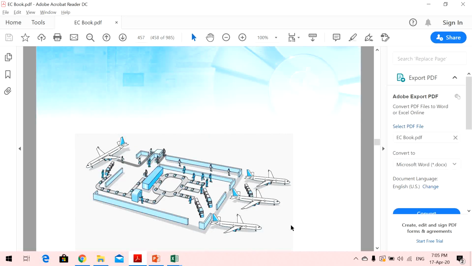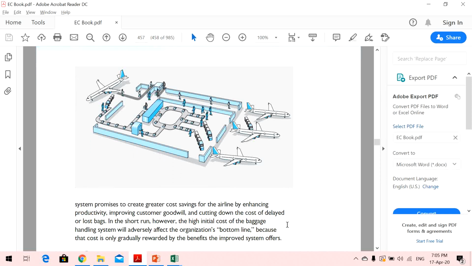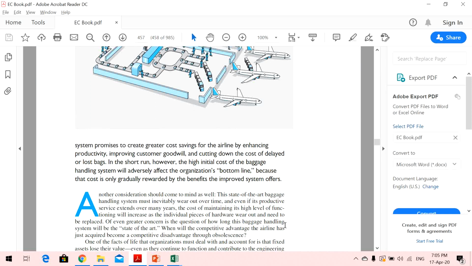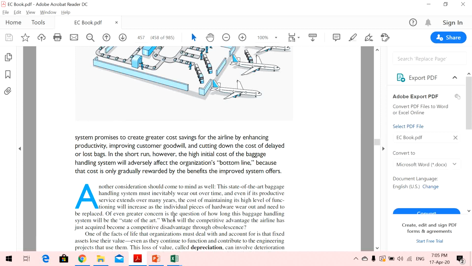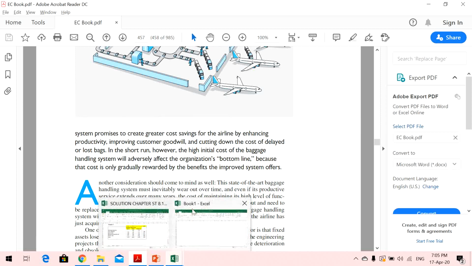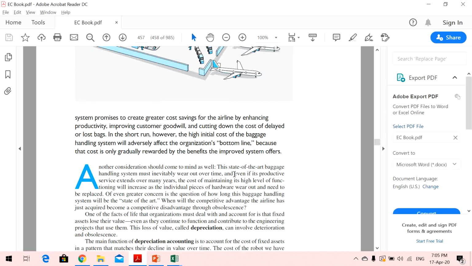Now, what do we mean by this $100 million, the cost of this system, right? Because this system will provide a benefit which may extend over a longer period of time. So if we have to calculate a depreciation of this baggage handling system, right?